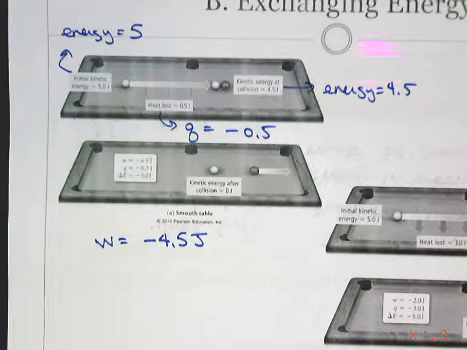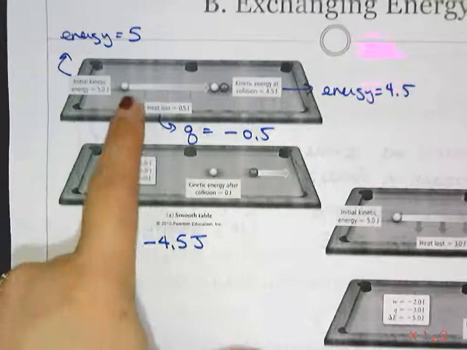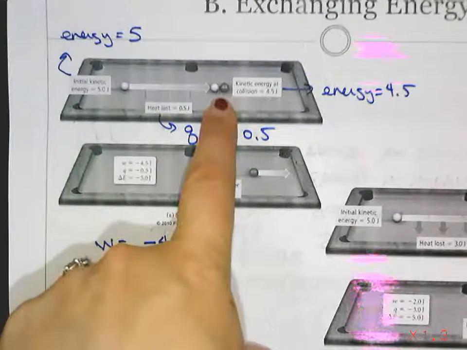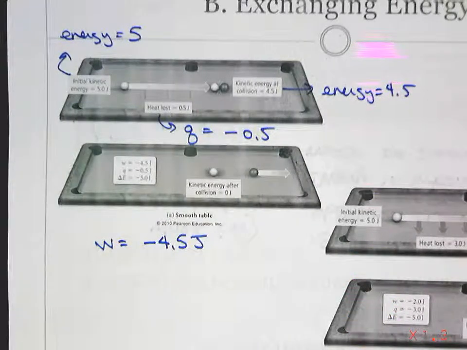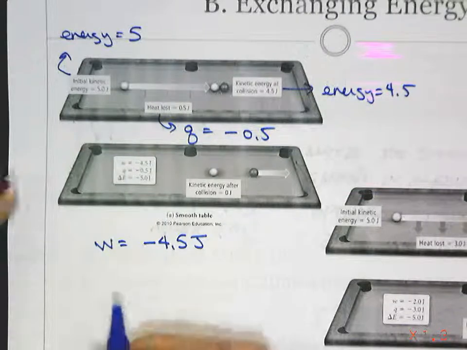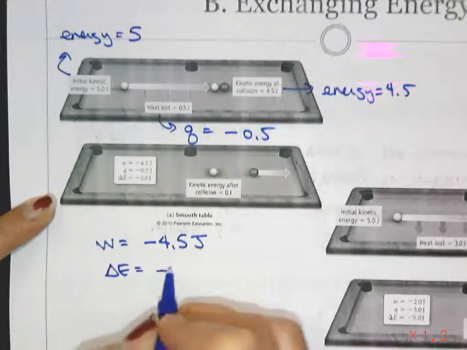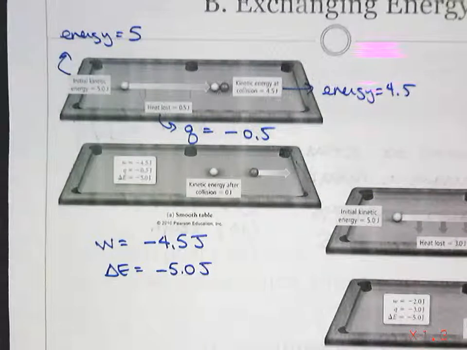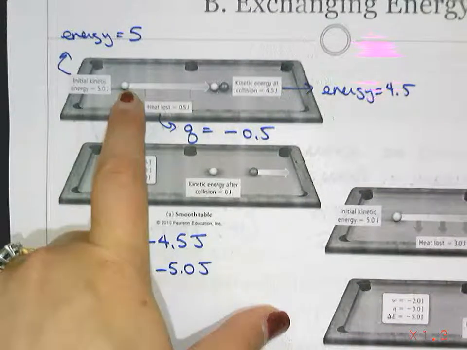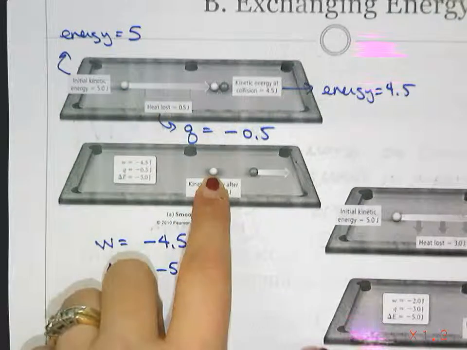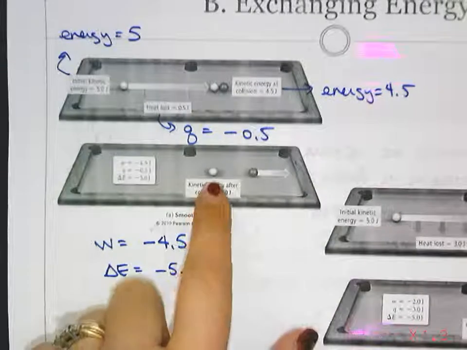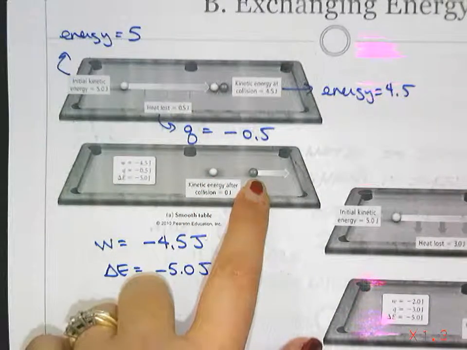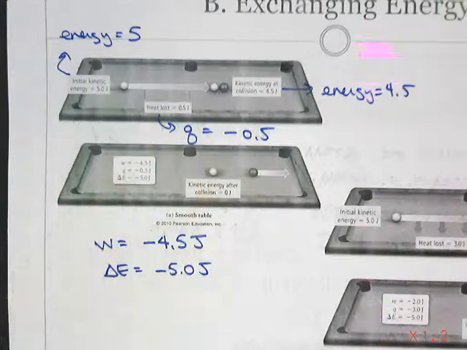If my cue ball is the system, at the end, it gives it away to the surroundings, which is the other ball. So it must be a loss of 4.5. So overall, my delta E, because I've given the energy, all the energy was in this cue ball, and at the end, the cue ball has given away all its energy, and the other ball has all the energy. So this is minus 5, but now this ball has gained 5. All right, so no loss of energy, it's just gone from one ball to the other.